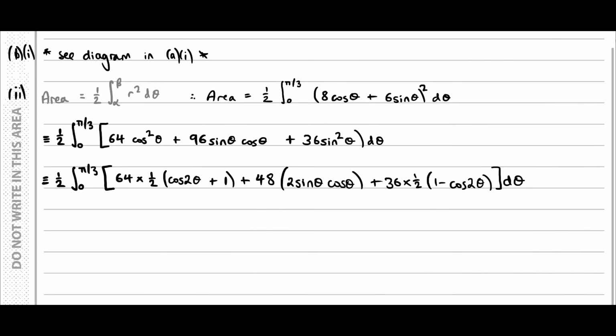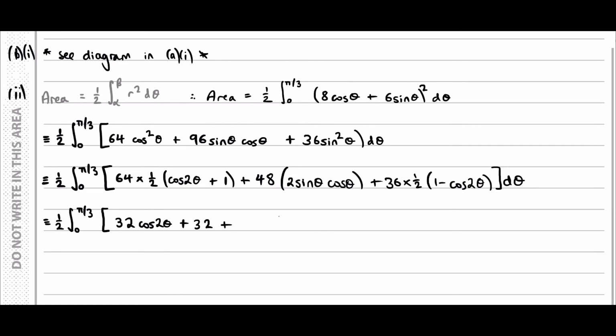And if we continue to work this out, we have a half times the integral from 0 to pi over 3. 64 times a half, that's 32. So we have 32 cos 2 theta, and then we have 32 times 1, which is 32.